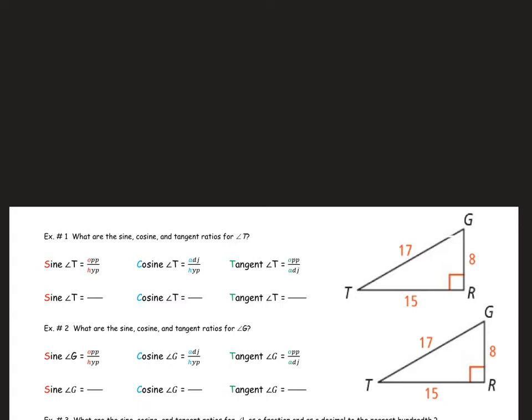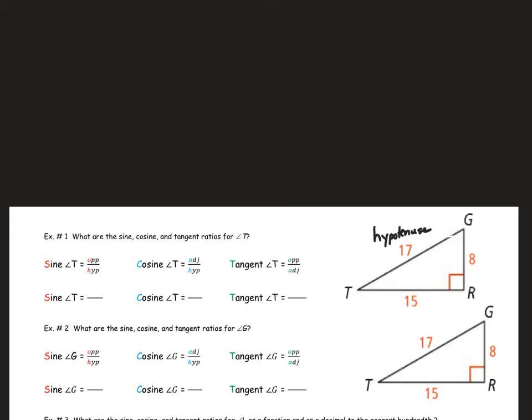If I was going to do this problem on my own, the first thing I would do is look at which angle I'm asked about, angle T. We were always told that the right angle box points towards the hypotenuse. Since this is my first go around, I would practice writing that this is the hypotenuse. We know that every single time.